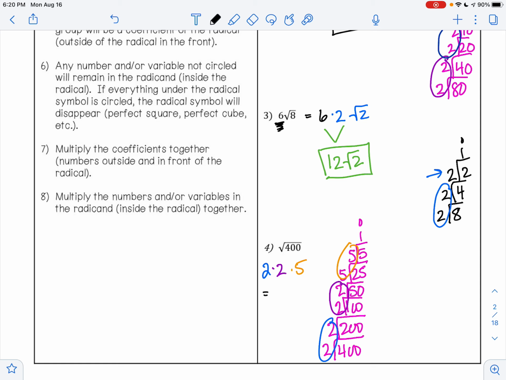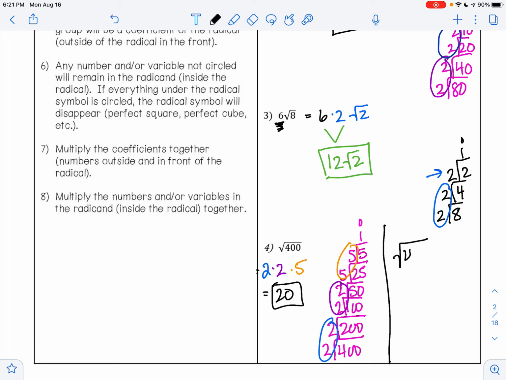2 times 2 is 4, times 5 is 20. So my answer is 20. There are no numbers left over, so I do not have something inside of a square root symbol. When this happens, that means that you had a perfect square to start with.